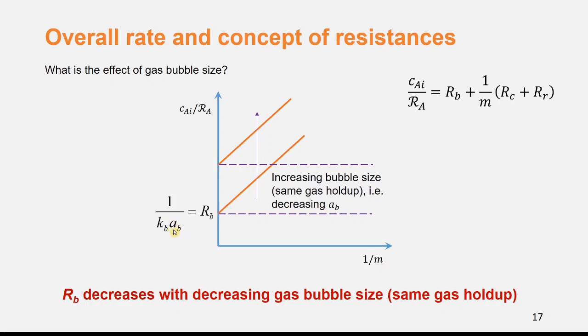Since the resistance Rb is 1 over AB kb, the resistance goes up if the surface area of the bubbles, AB, decreases. So we need smaller gas bubbles to minimize the resistance due to gas absorption.